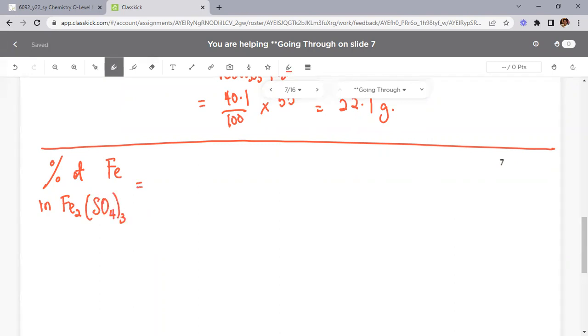Okay, find for me the percentage of Fe in Fe2(SO4)3. Next one, I'm going to ask you to help me with, okay, as a checkout question.